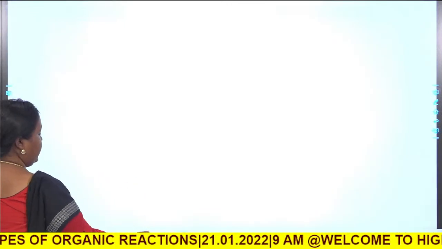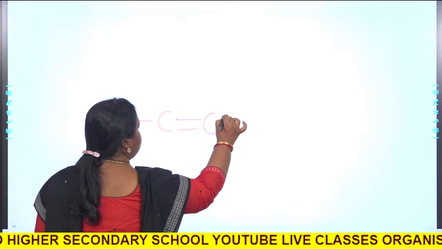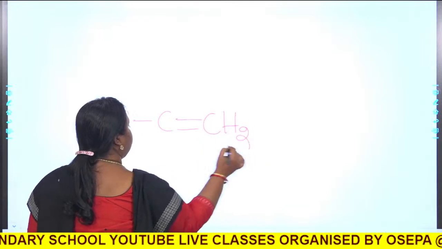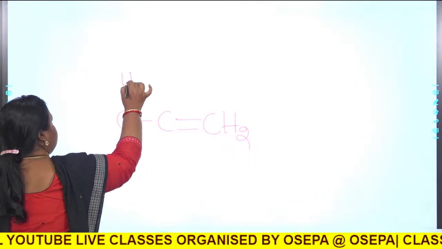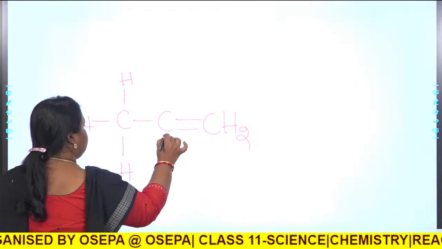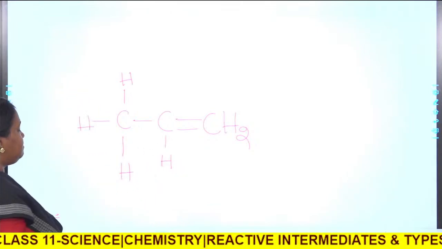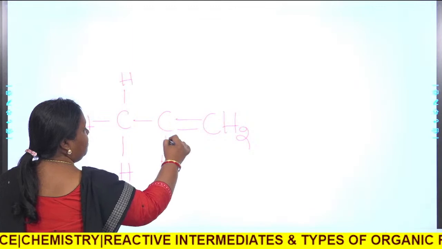Similarly, hyperconjugation can also occur like this. In case of alkenes, mark, this is the double bond carbon.